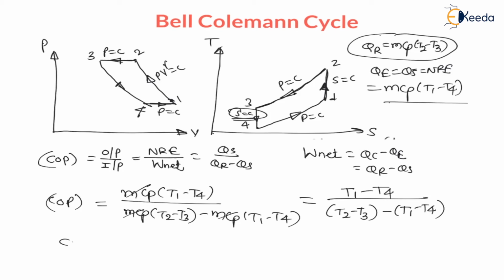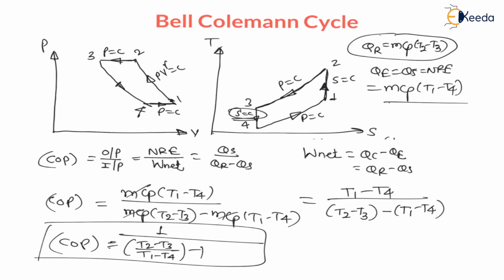If I simplify this, let us divide numerator and denominator by (T1 minus T4). Therefore, COP becomes 1 divided by [(T2 minus T3) divided by (T1 minus T4) minus 1]. This is the COP of refrigeration cycle for Bell-Coleman cycle.